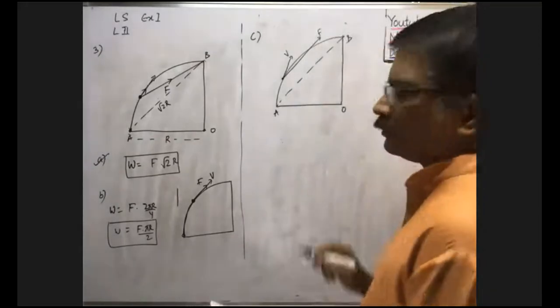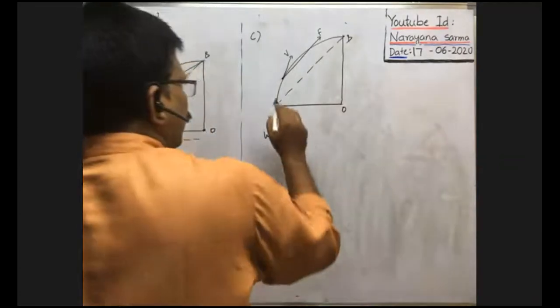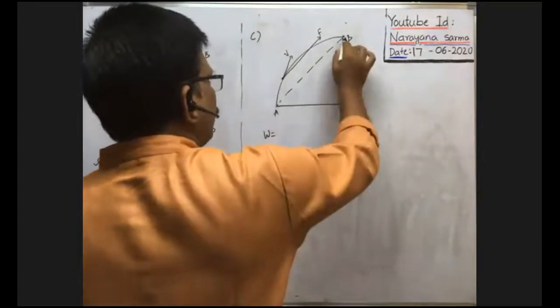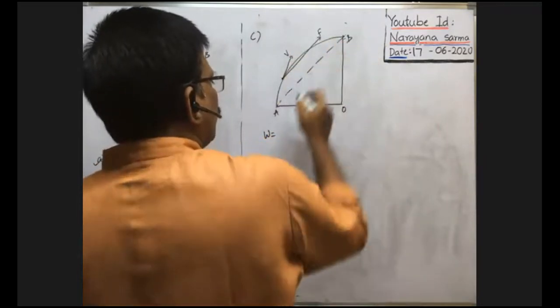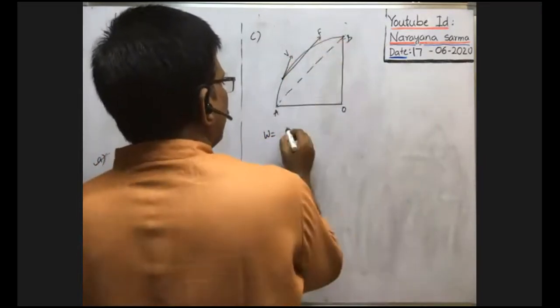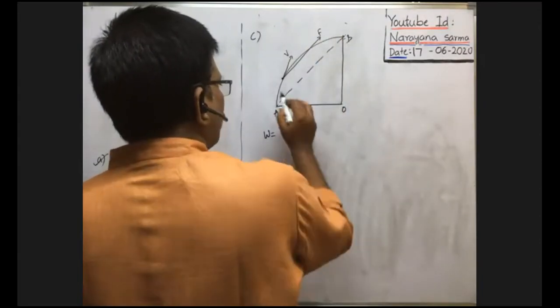In this case, what is the work done? Whenever the body travels from A to B, along the direction of the applied force parallel to AB, what is the displacement of the body?